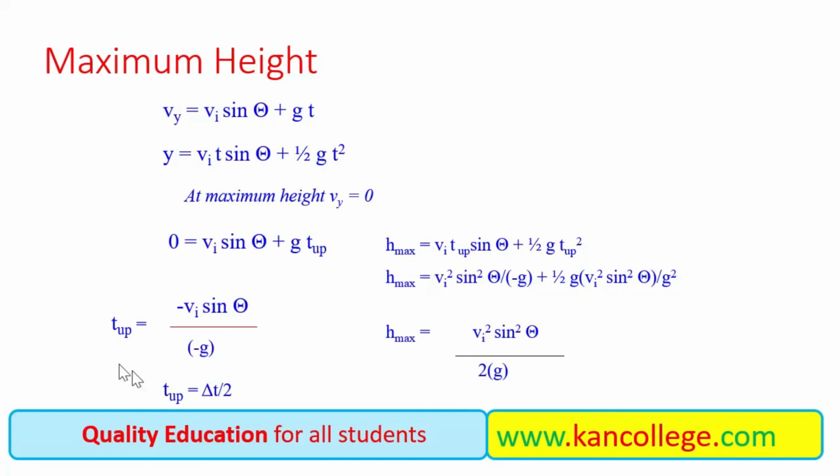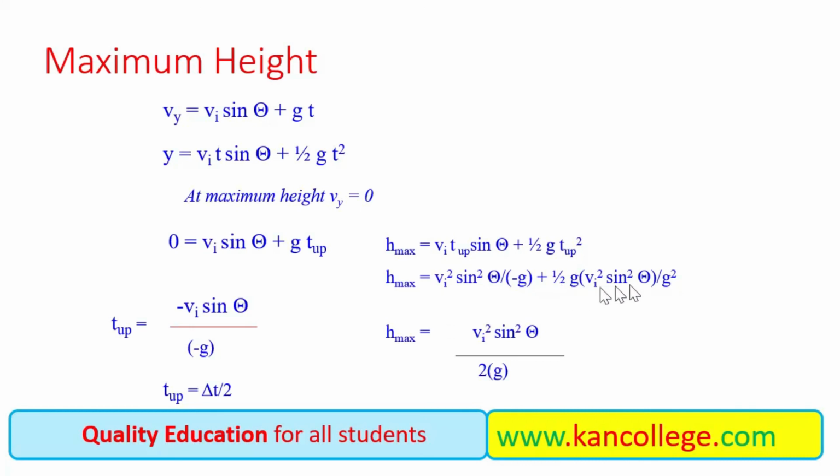Just put the value of t up and simplify, we get Vi square sine of 2 theta over 2g. And you see that 2 is in the denominator.